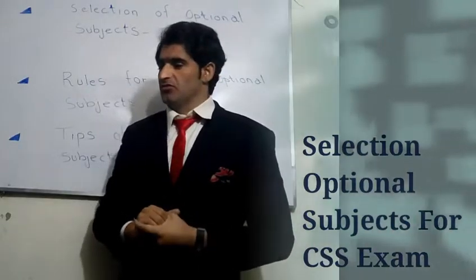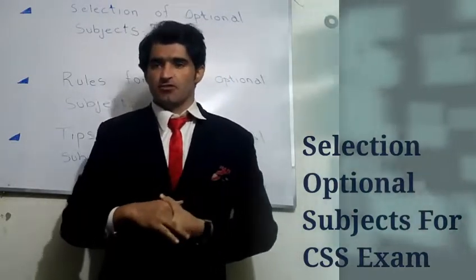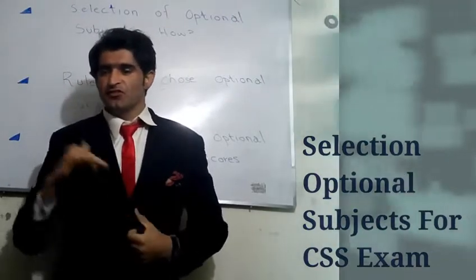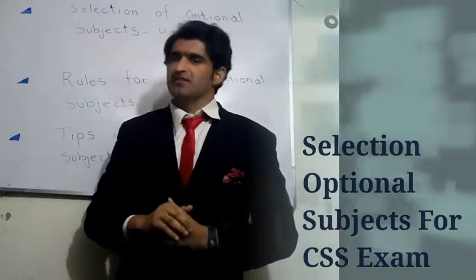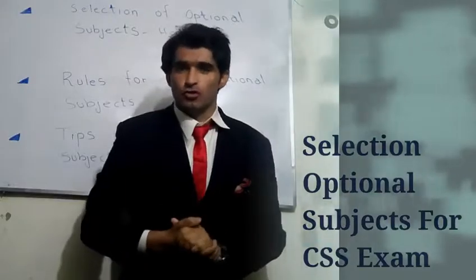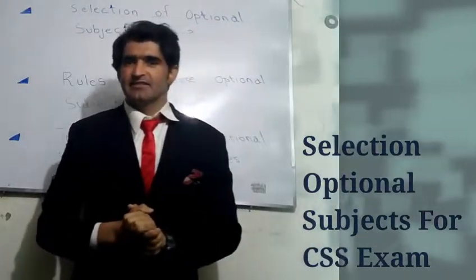The tips here: first and foremost, see in which subjects you have more interest. When you are reading the subjects, you should not be bored. If a subject bores you, do not select it.